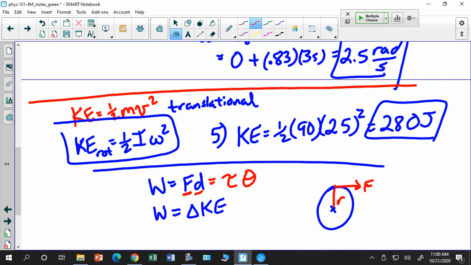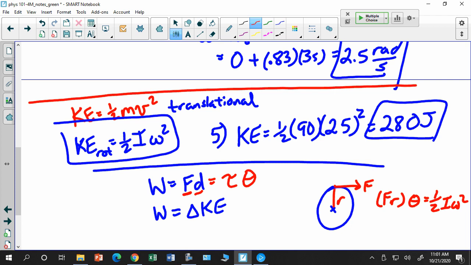So if this force acts over a certain angular displacement, say 2 pi radians, so that it goes through the entire circle, then it will do a certain amount of work on that object, increasing its kinetic energy. So F times R, that's my torque, times theta is going to be equal to 1/2 I omega squared. That's the work energy theorem.